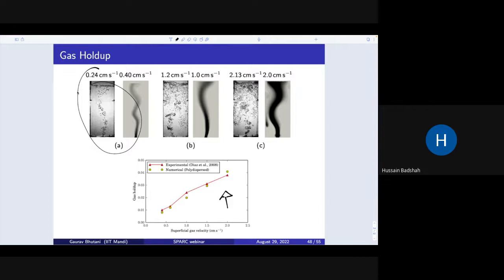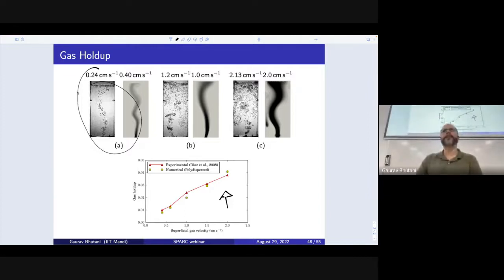Any other questions? This one. So this is experiment and this is simulation. We are qualitatively trying to show you the plume behavior that we have here. It's an oscillating plume. For lower superficial gas velocities or flow rates of gas, you see a very lean plume, but as you increase the flow rate, you see a lot of mixing.